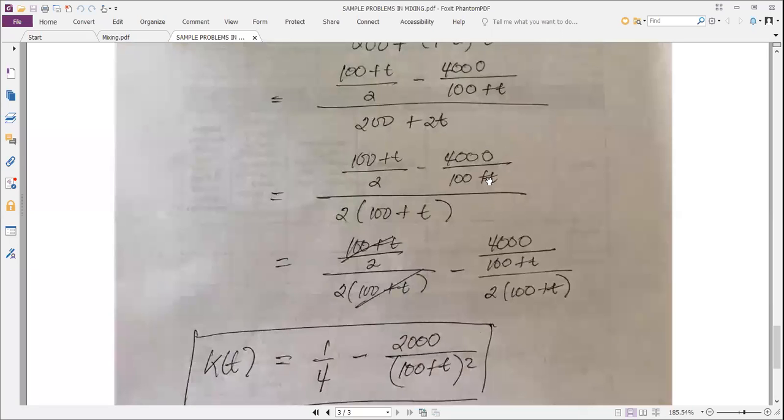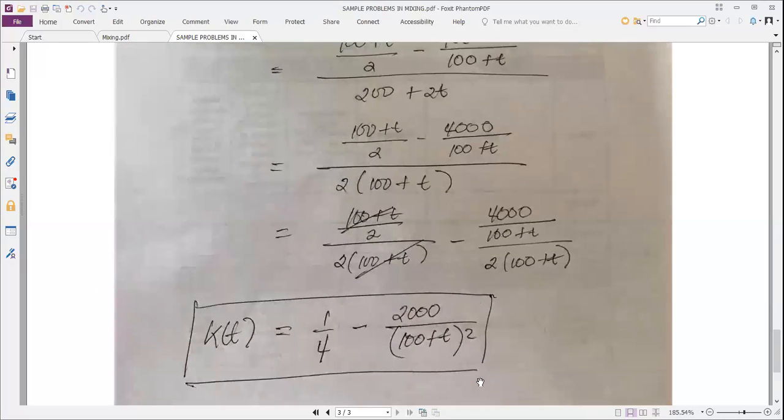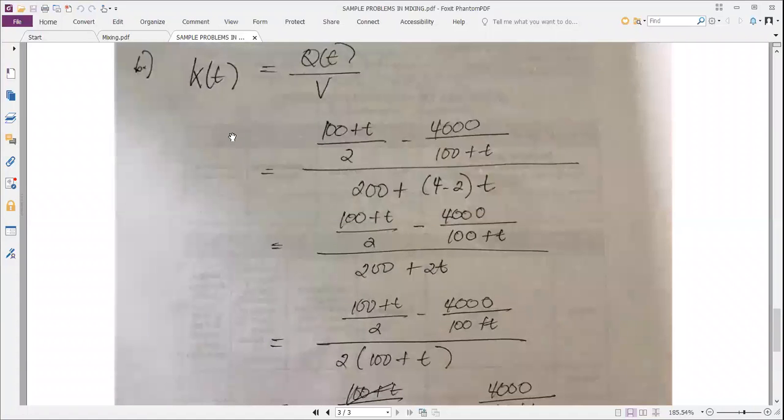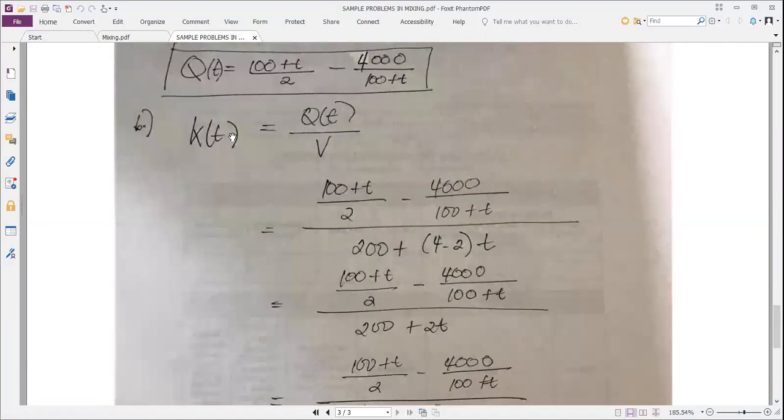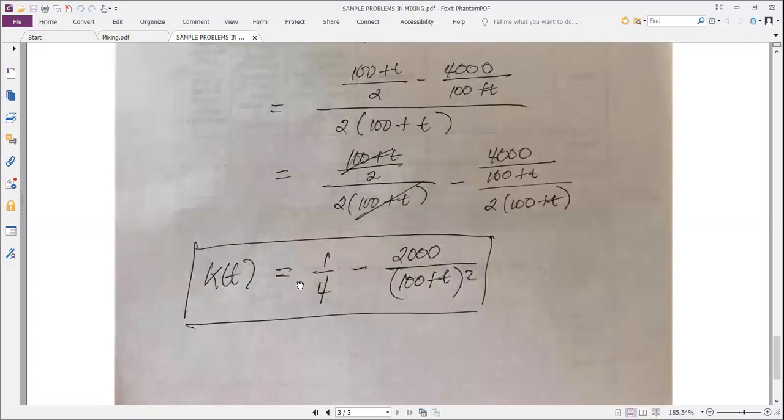And this 100 plus T and this 100 plus T will be 100 plus T quantity squared. Now, this is the general formula that was solved for the concentration. This one is for the mass of the solid inside the tank. This one is for the concentration of the solid inside the tank before the tank overflows.